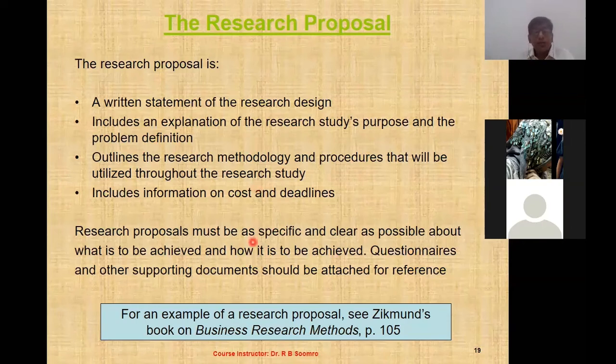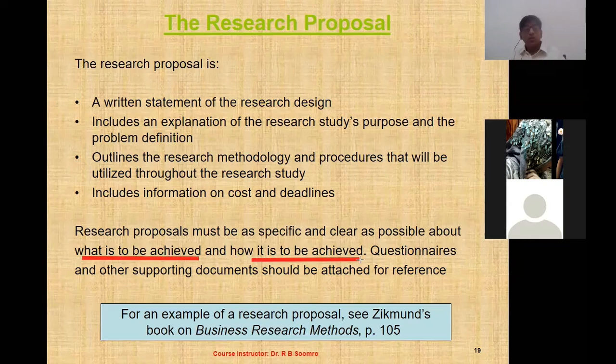A research proposal must be as specific and clear as possible about what is to be achieved and how it is to be achieved. So it should be specific to the point, and two things are important here. The first is what to be achieved, what you want to achieve, and how you want to achieve it. These two things you have to define.